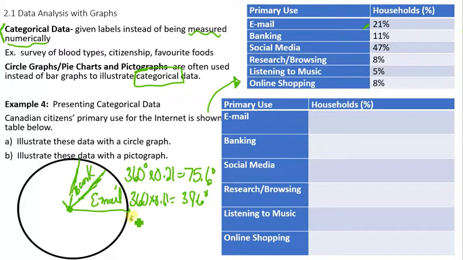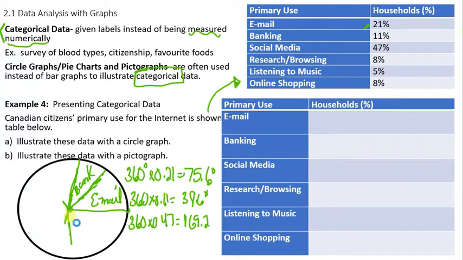Now social media, that's a huge chunk, 360 times 0.47. That's almost half. I have 169.2 degrees. So instead of drawing this line down straight, I'm just going to cut it off.